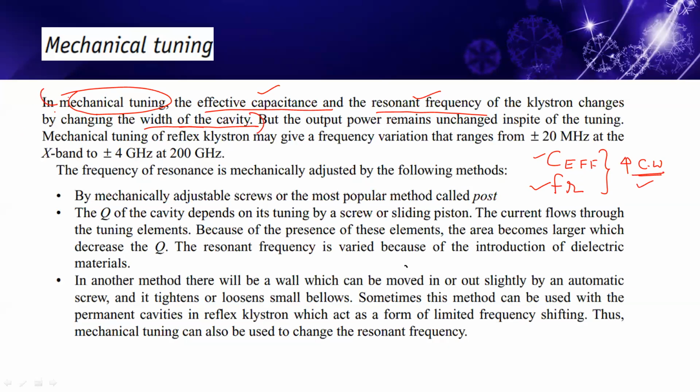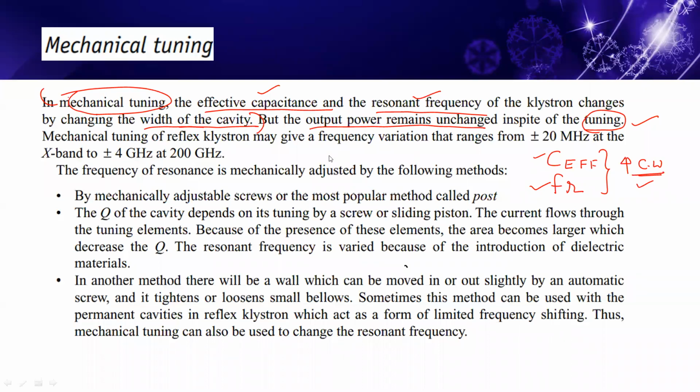This process is simply called mechanical tuning. The speciality of mechanical tuning is stabilization of the output power. The output power is unchanged in spite of the tuning. Changes are made in the tuning, but the output power never changes. So we have to maintain the stabilization in the output power.